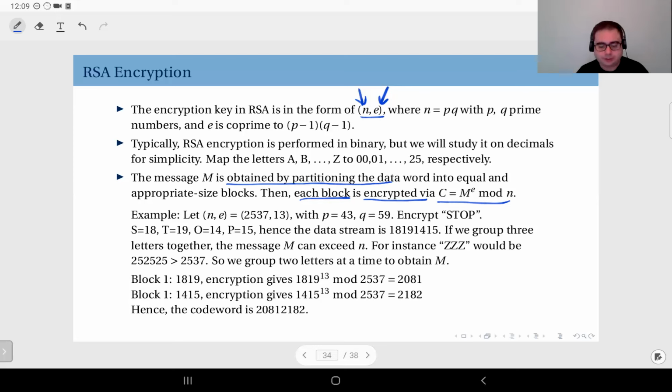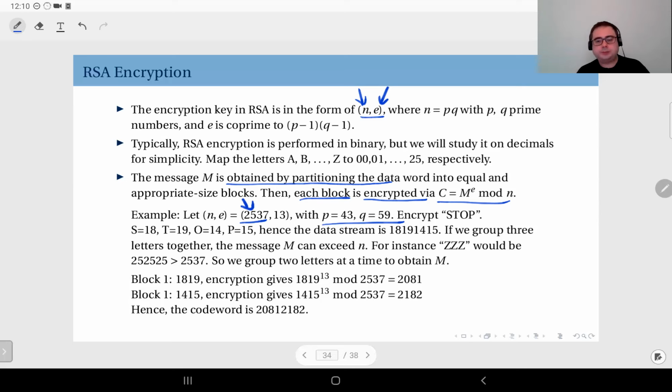Let's see an example. Suppose that the numbers n and e are 2537 and 13 respectively. Here, n corresponds to the product of 43 and 59. Observe that these two numbers, p and q, are prime, and their product is part of the public key.